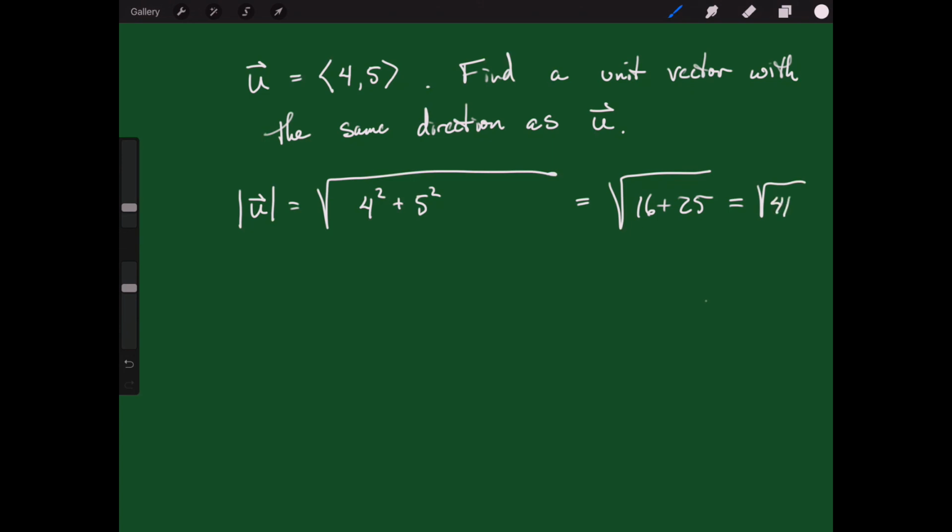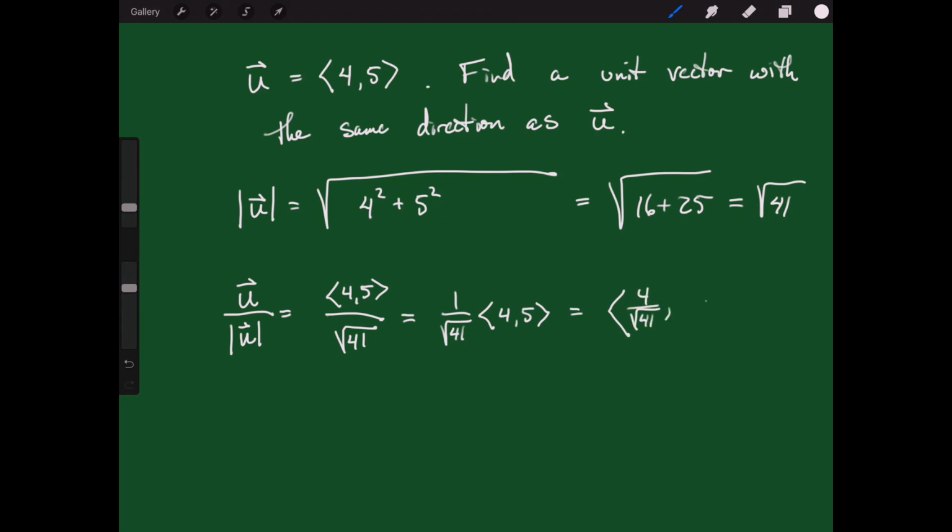41. So if I want my unit vector, it's going to be u divided by the magnitude of u, which in this case is 4, 5, divided by the square root of 41, which really could be written as 1 over the square root of 41, that's a scalar, times 4, 5, which also could be written as 4 over the square root of 41, comma, 5 over the square root of 41.